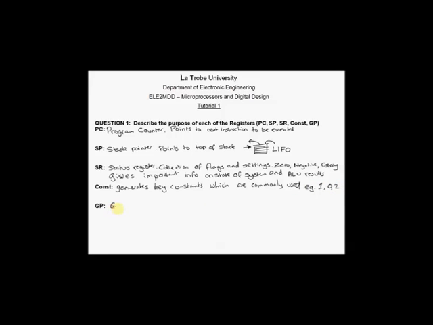And GP stands for general purpose. And these are essentially accumulators that you can put whatever you want in them. So you can do computation, storage, logical operations, essentially whatever you want.